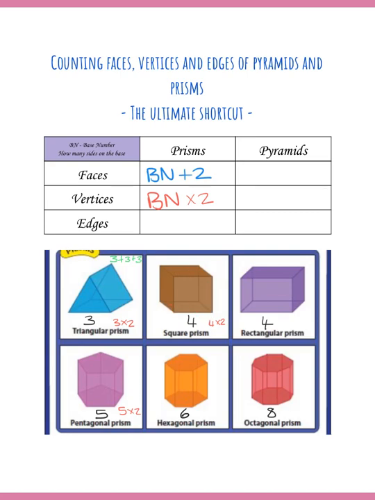So in this case, I'll have 4 plus 4 plus 4. And for the pentagon, yes, 5 plus 5 plus 5. Let's count them quickly. 1, 2, 3, 4, 5, 1, 2, 3, 4, 5, and then going down 1, 2, 3, 4, 5. And this brings me to the rule that says if I take the base number and I times it by 3, I will have the amount of edges.